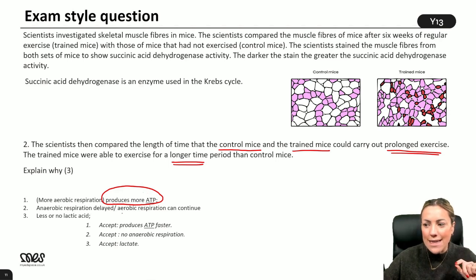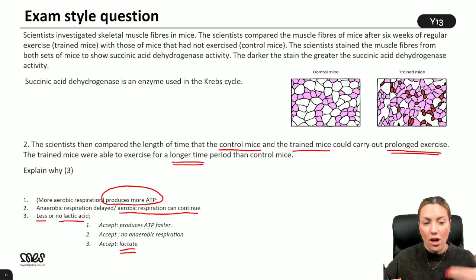It also means aerobic respiration can continue for longer, or anaerobic respiration will be delayed, or they won't have to use anaerobic respiration as early or as much, which means less or no lactic acid or lactate will be produced, which again is going to help them to prolong their exercise.